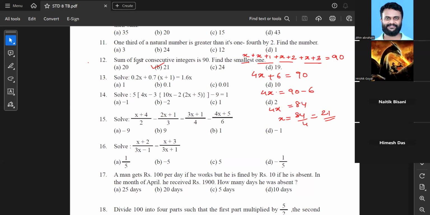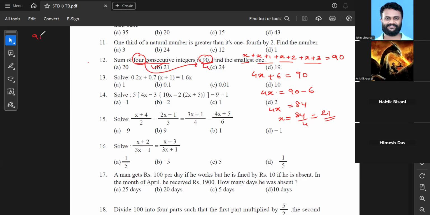If they are saying consecutive numbers, or any equal progression, let's say even numbers or odd numbers, and they give the sum, whatever the sum is, you divide the sum by how many numbers you have. For example, there are four numbers, so I'll divide 90 by 4.